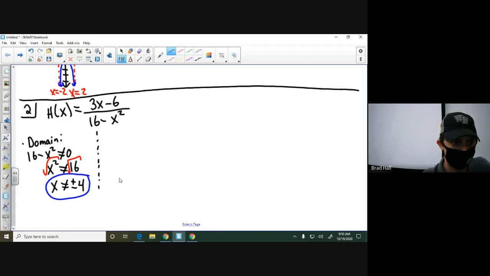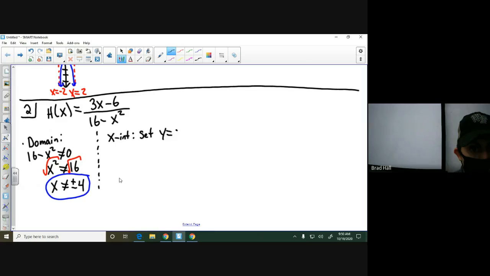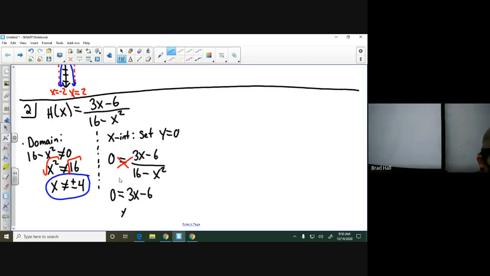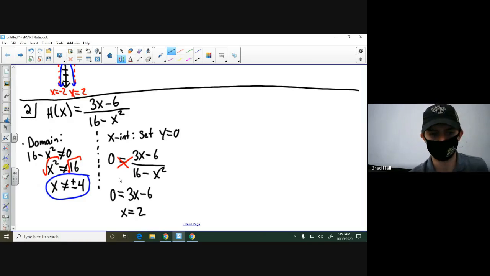We'll move on to the x-intercept, which again means setting the function, or y, equal to 0. So whenever we do that, we can cross multiply like we did before. And once again, we have the denominator times 0, which is just 0, which leaves us with the numerator equal to 0. It gives us a simple linear equation that we can solve: add 6 on both sides, and then divide by 3.